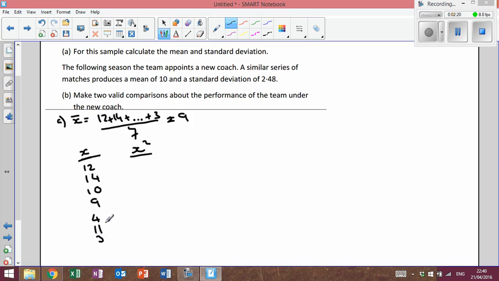And we know at the bottom we need the total of the x's, so that's 63. Then we do our x squareds, which is 144, 196, 100, 81, 16, 121, and 9.